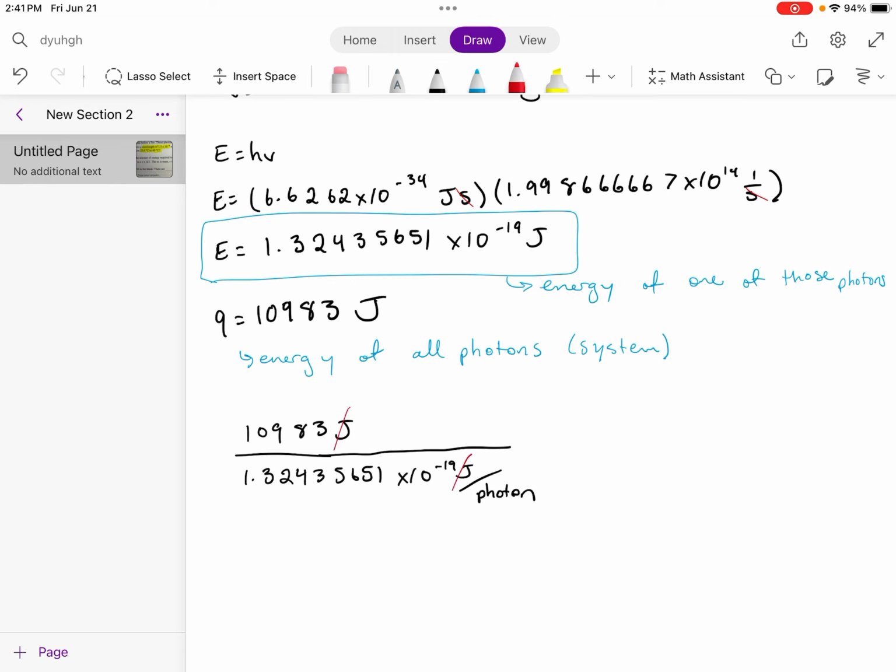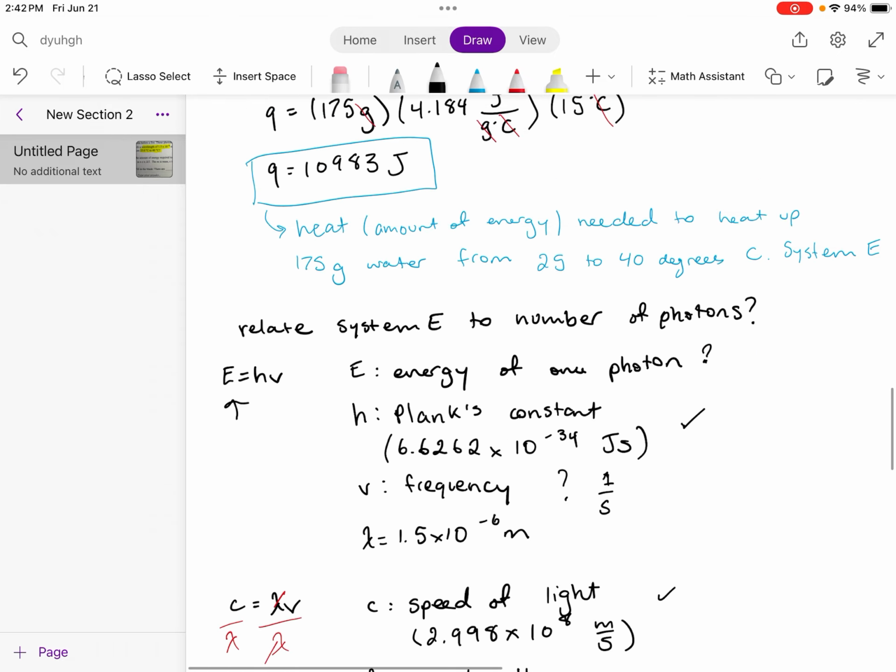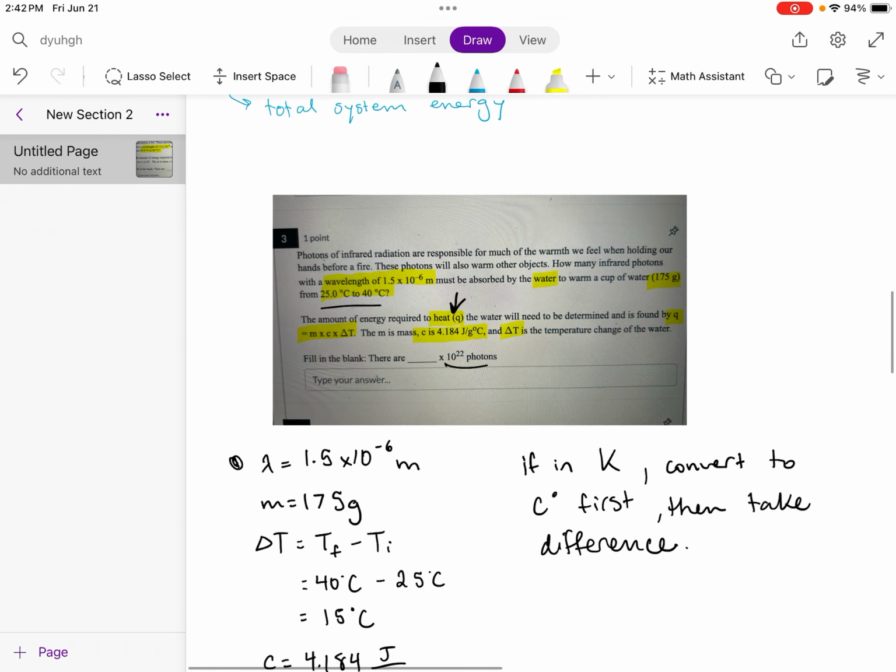Joules will cancel out, and then we should be left with photons. So hopefully we get a number that makes sense. Okay, and I think that looks good to me. Times 10 to the 25 photons. And it looks good because we have times 10 to the 22, and your question gave us that. So that's a good sign.